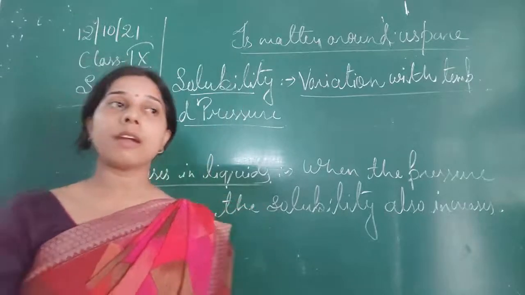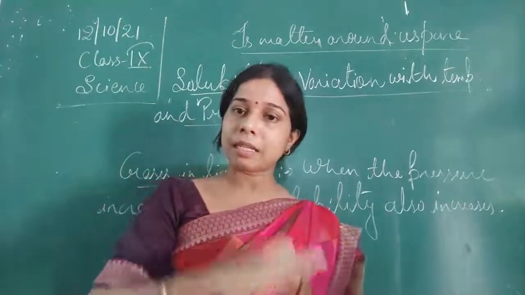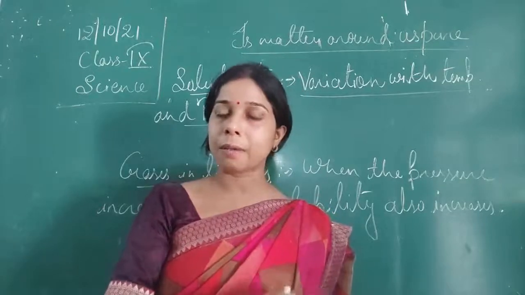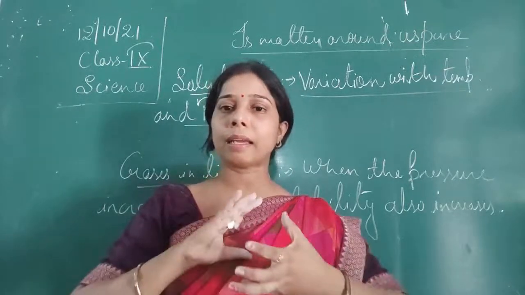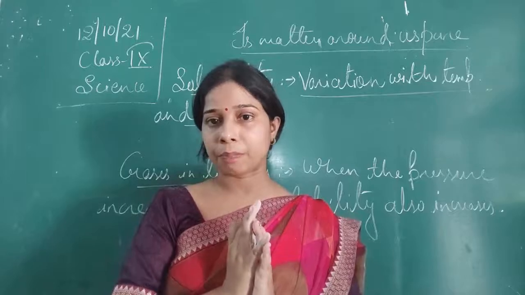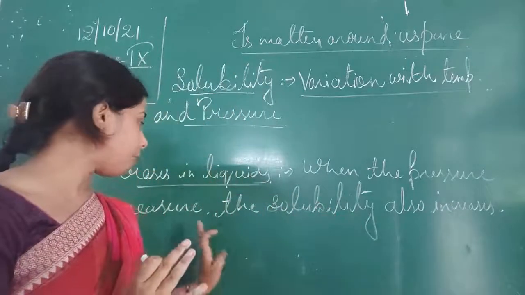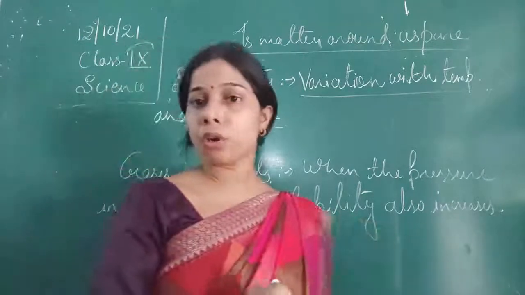Why is it so? When we increase the pressure, the gas molecules start coming close to each other, due to which they get easily mixed with each other. So with the increase in the pressure, the solubility also increases.